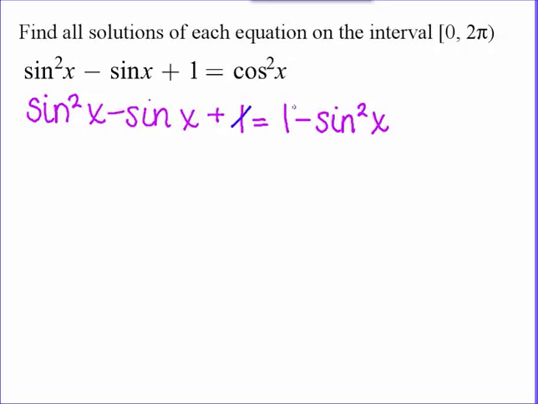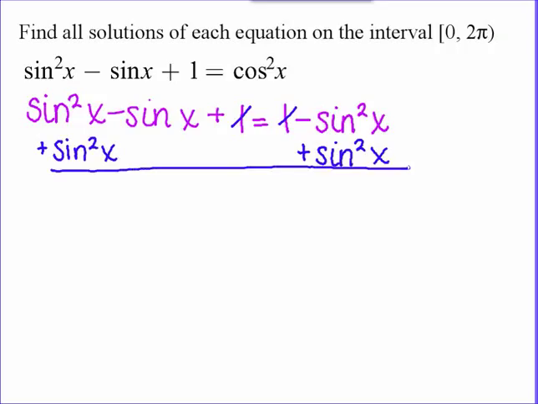They're gone. So I've got sine squared minus sine equals negative sine squared. I'm going to move the sine squared over to the left. Remember, we can't divide if, when we divide, we eliminate a trig function.